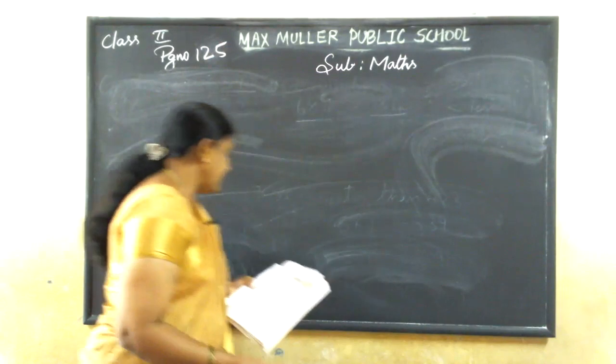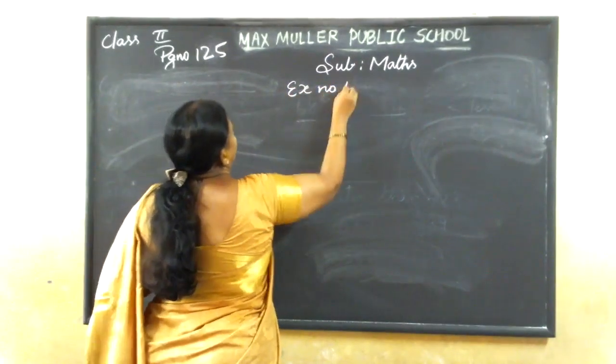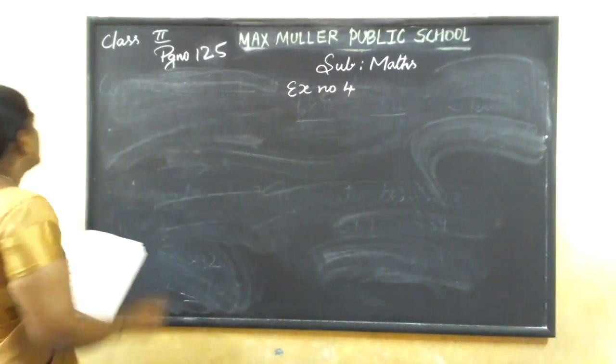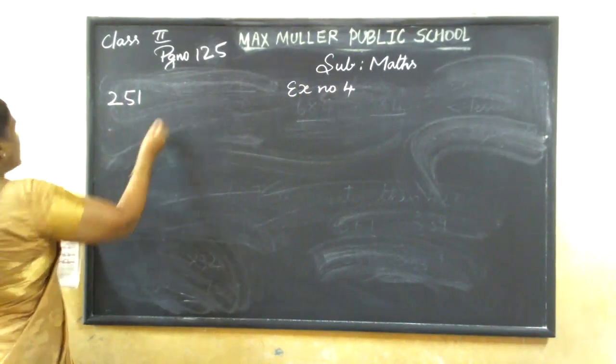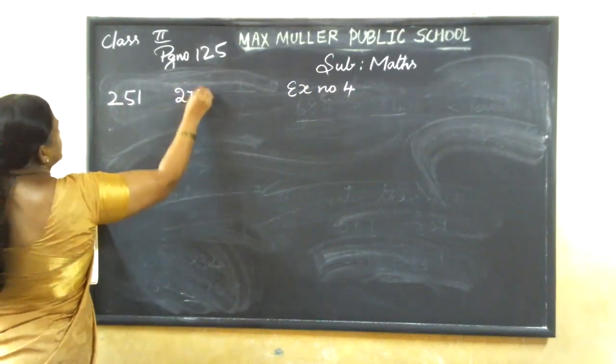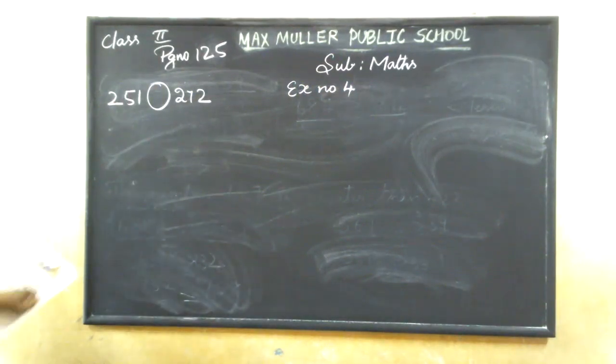Page number 125, exercise number 4. First one, 251 and 272. See, in the circle you put the greater sign or lesser sign.